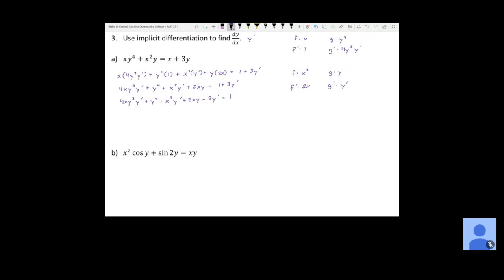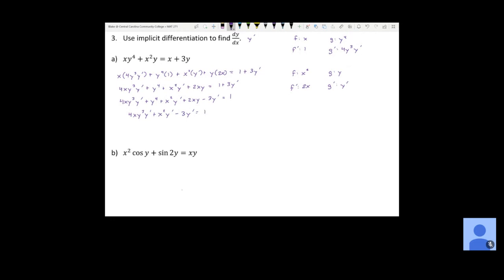Now, anything that doesn't have a y prime, I'm going to move to the right-hand side. So I'm subtracting the y to the 4th, and I'm subtracting the 2xy here. So we'll have 4xy cubed y prime plus x squared y prime minus 3y prime.